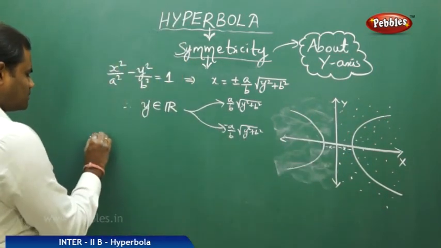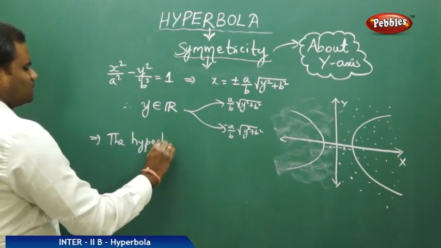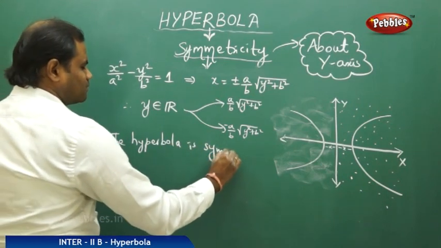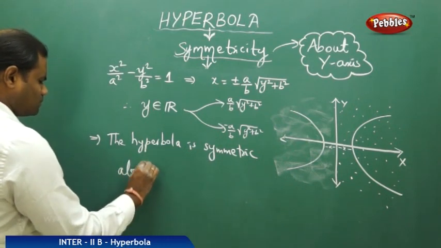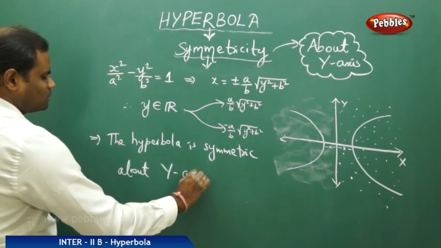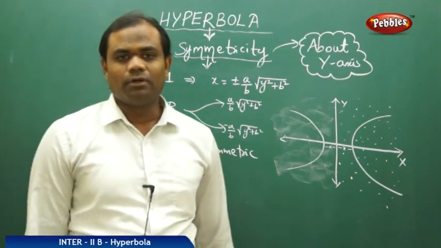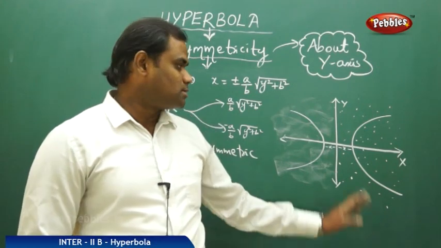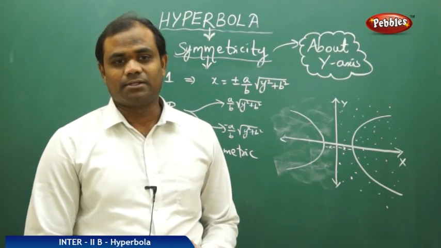That implies the hyperbola is symmetric about y-axis, is how we conclude. Therefore, finally we conclude that a hyperbola is both symmetric along x-axis and also along y-axis.